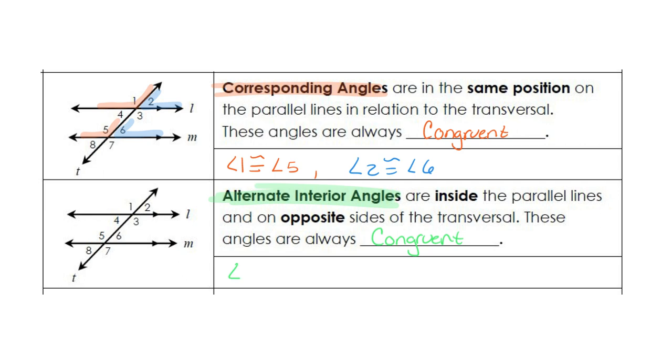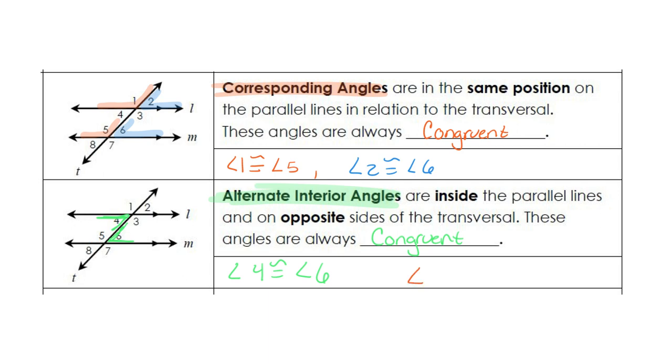An example is angle 4 is going to be congruent to angle 6. So angle 4 right here is congruent to angle 6. These have the same measurements.